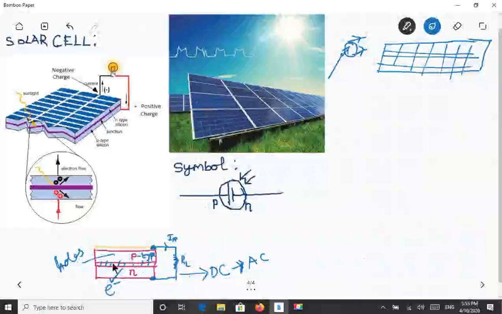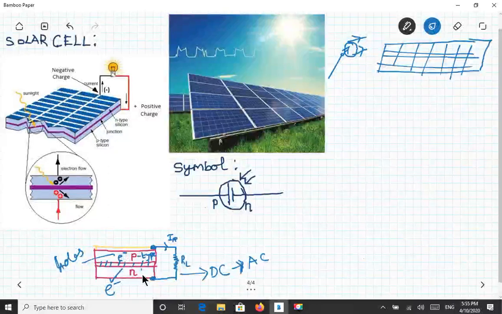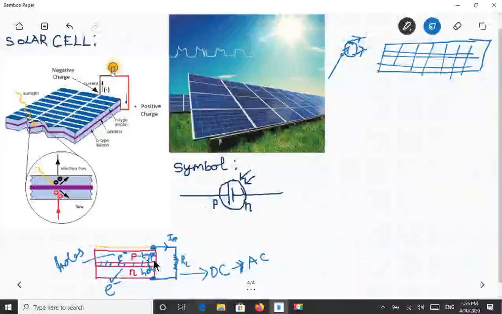In the P-type semiconductor, even though the majority carrier is hole, there will be electrons also, as a minority. And in N, the minority will be the holes. Now, when the sun rays hit this semiconductor, you can see this picture. You can take this as a photon coming from the sunlight. When it hits the P and N surface, this junction is activated and there will be a creation of hole and electron.